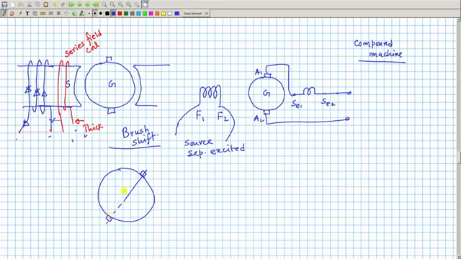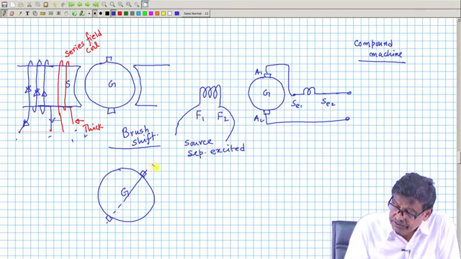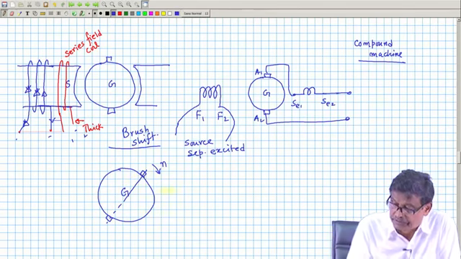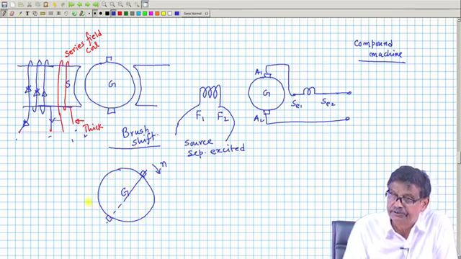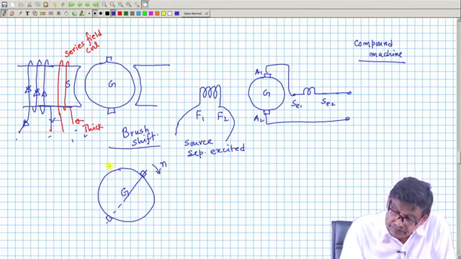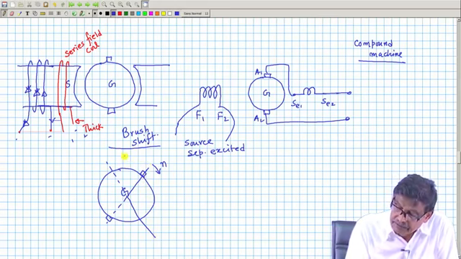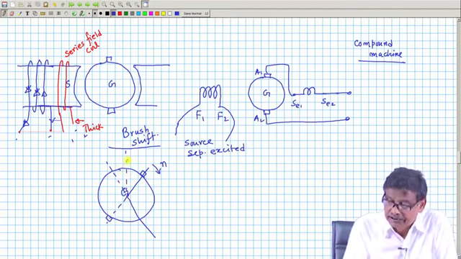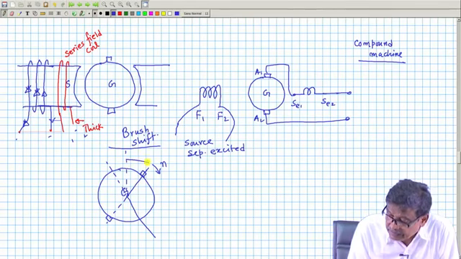For example, in case of a generator, a forward brush shift is given along the direction of rotation. This we have discussed. And brush shift angle from the original, that is geometrical neutral plane, this angle is measured to be beta E.